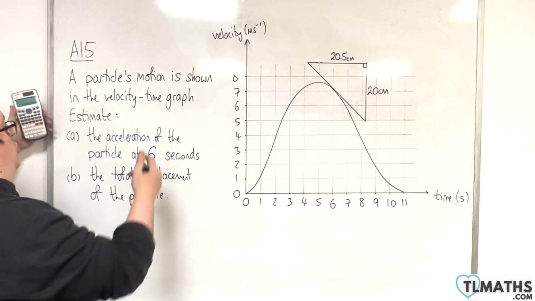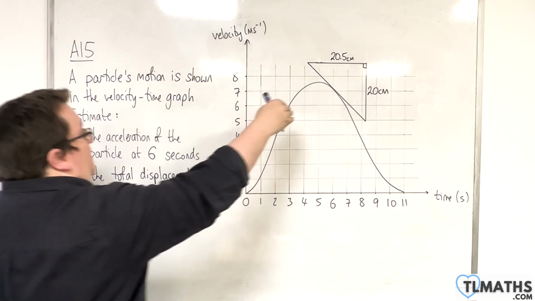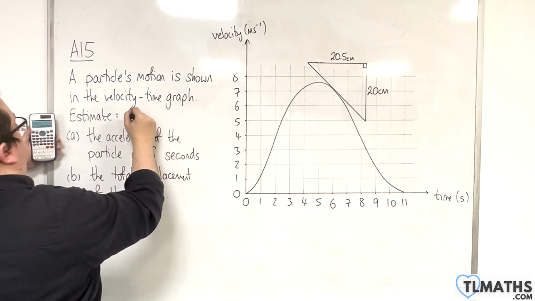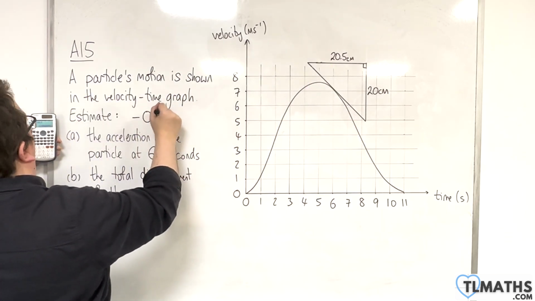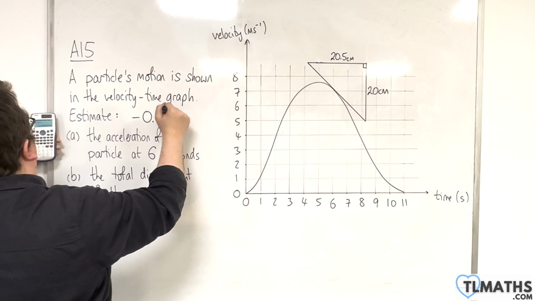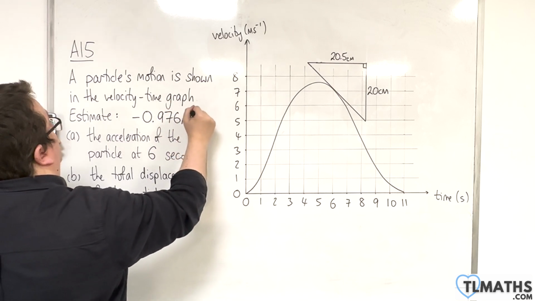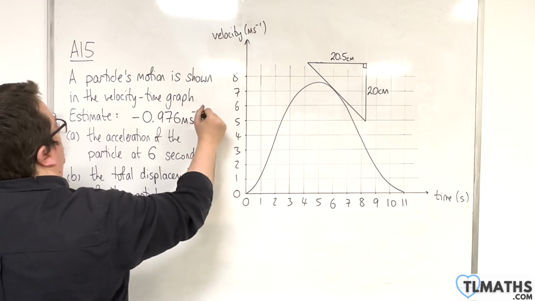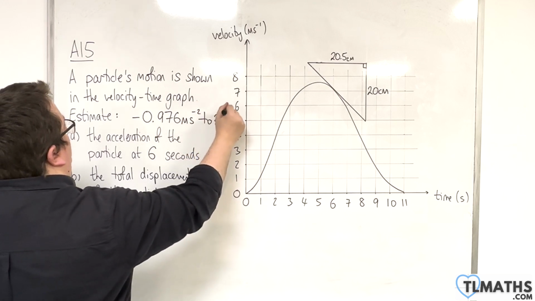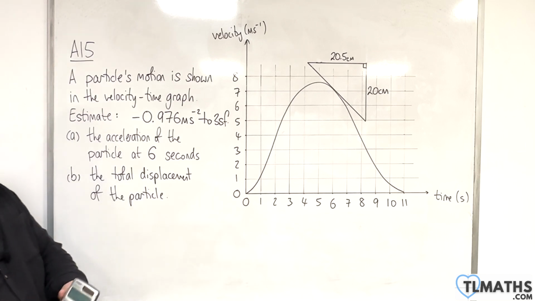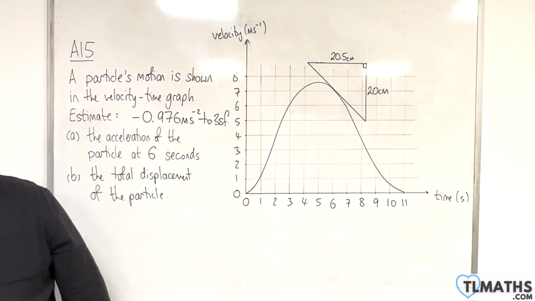So the acceleration, and because it's a negative gradient as well, this must mean it's minus 0.976 meters per second squared, to three significant figures. So make sure you've got the correct units for acceleration here, meters per second squared, and it's negative.